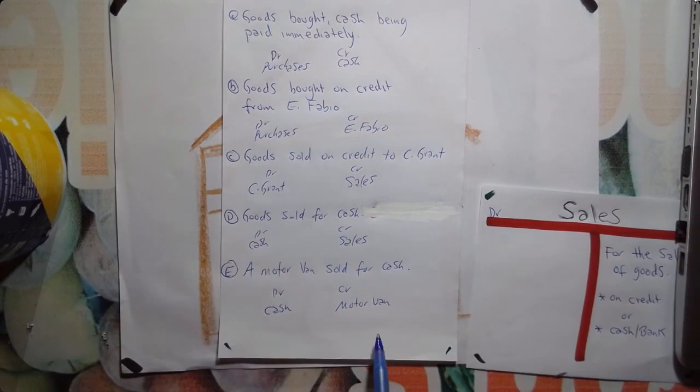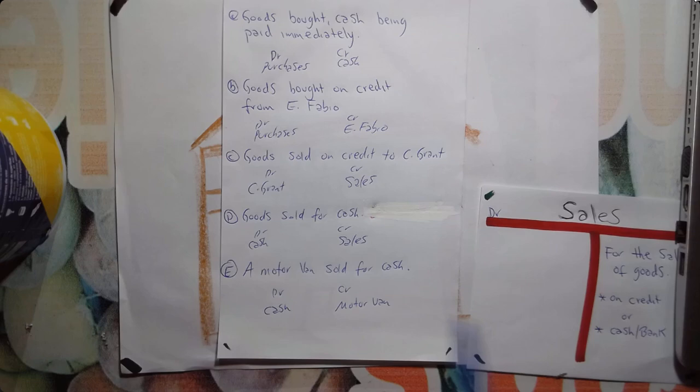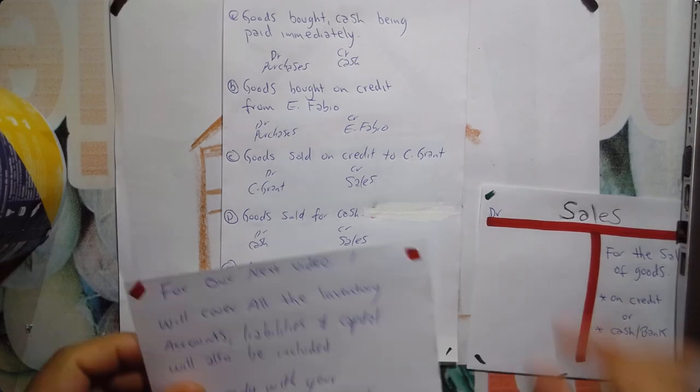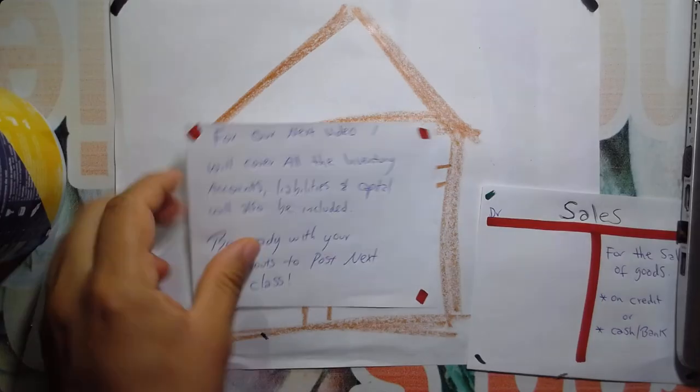This is from the previous chapter. You cannot forget this. That's the reason why I include this, because you cannot forget about the previous chapter. We need to keep working with those particular transactions whereby we have liabilities and capital. So keep that in mind. The next class, I will use the other two T accounts, return inwards and outwards. And in addition to that, we will post.